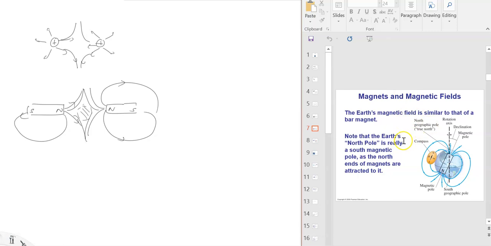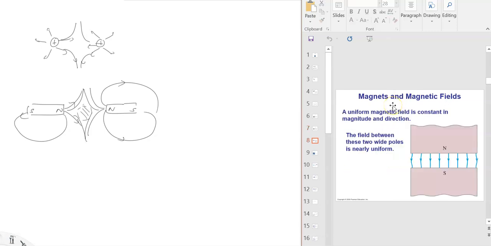Okay, so moving on. The uniform magnetic field is constant in magnitude and direction. The field between these two wide poles is nearly uniform. So if you want to create a uniform magnetic field, we have to have two large, wide magnets.